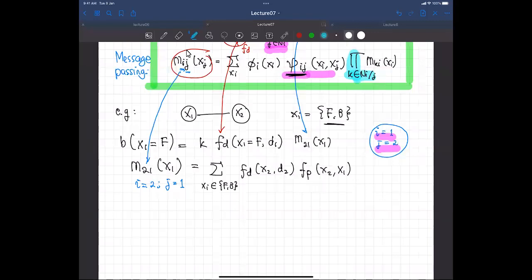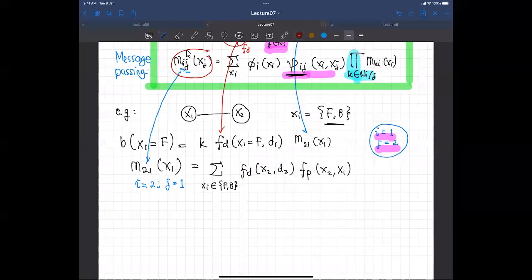K is a neighbor of x2, but not x1. Is there any x3 in our diagram? No. That means k is non-existent. Okay, so for this simple case, we only have these two equations.